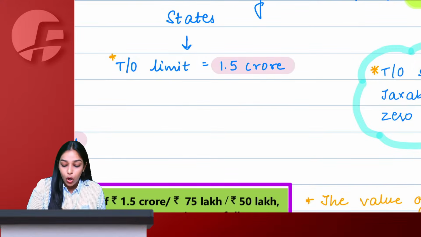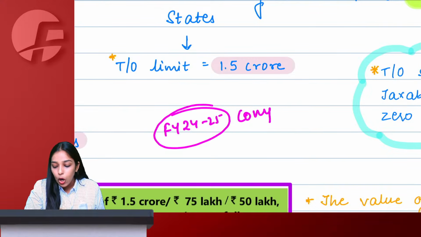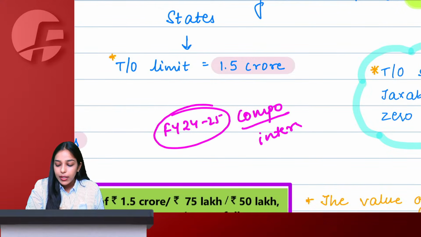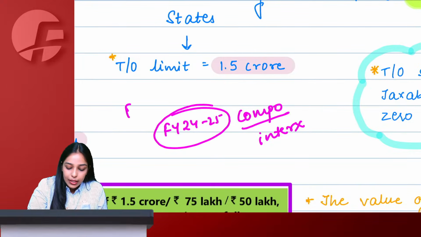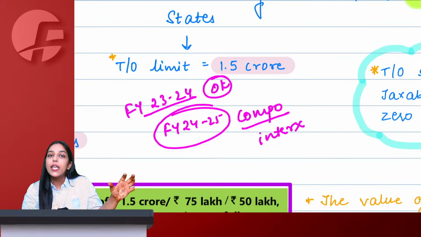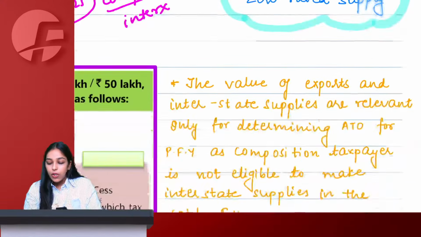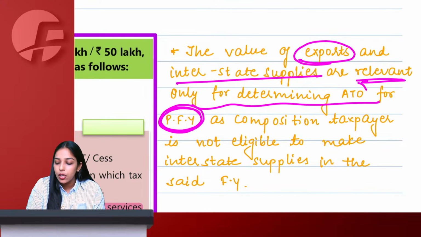I want to opt for composition scheme from FY 24-25. Once I become a composition person, I cannot make an interstate supply, but I could possibly have made interstate supply in FY 23-24, which is okay. My total turnover would still be below the threshold limit, which is fine. So here we are saying that the value of exports and interstate supplies are relevant only for determining preceding financial year turnover.